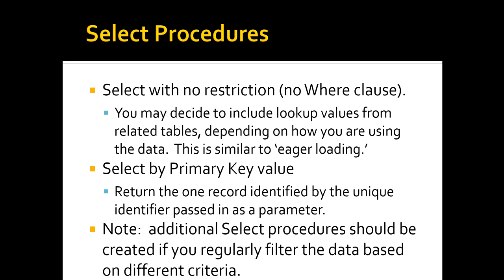What this does is it allows us to eagerly load or pack additional information that will be useful in the user interface, so the program doesn't have to come back a second or third time to get extra information to show on the screen. It's all eagerly loaded into the one result set returned by the view. And obviously, selecting by primary key value, you return one record at a time. And of course, we'll have lots of different variations of select procedures that have different filter criteria, and we'll even touch upon some examples of that before we're done.